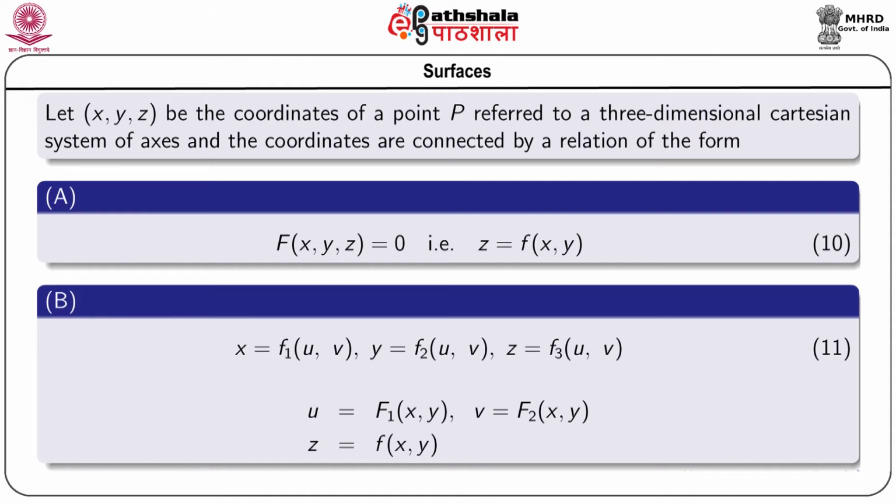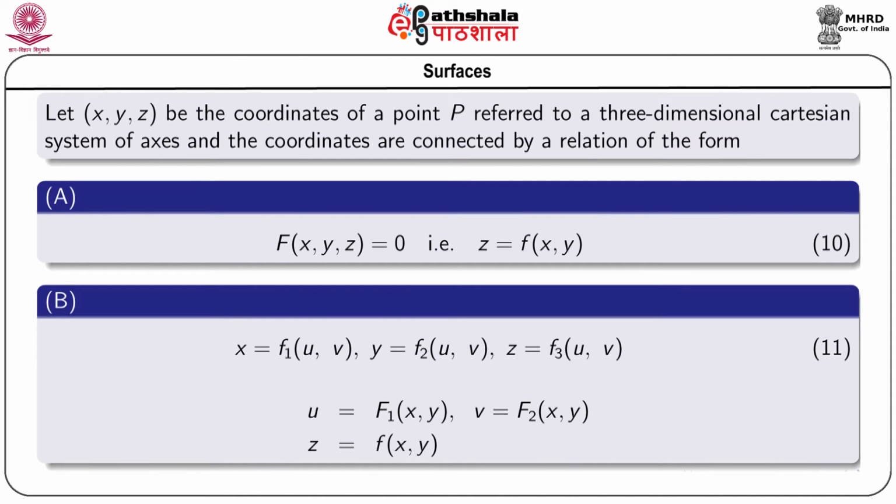This is the general form of the equation of a surface, capital F(x, y, z) equals 0. Now, from this equation one can write z as a function of x and y. This is another form of representing the equation of a surface.